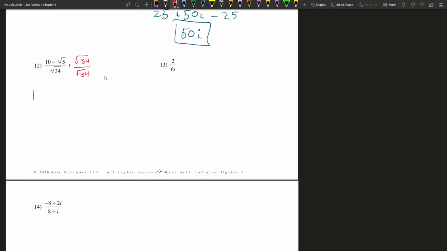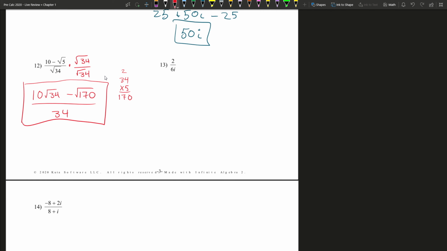When you do that, you get 10 root 34 minus root 170 all over 34. And this is fine for an answer. I'm not really worried about you simplifying that. Ideally, you should be able to simplify, like root 34, but I don't think there's going to be a common factor. So that works.